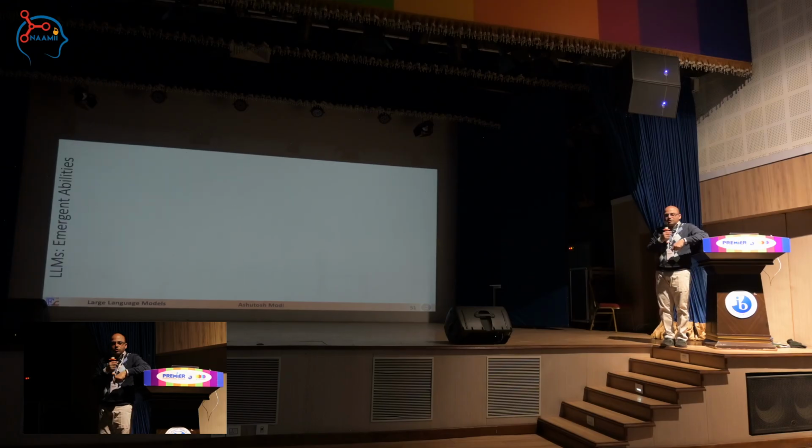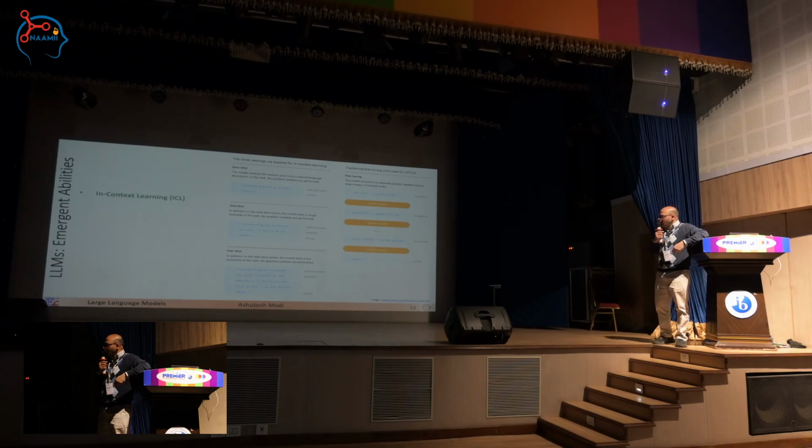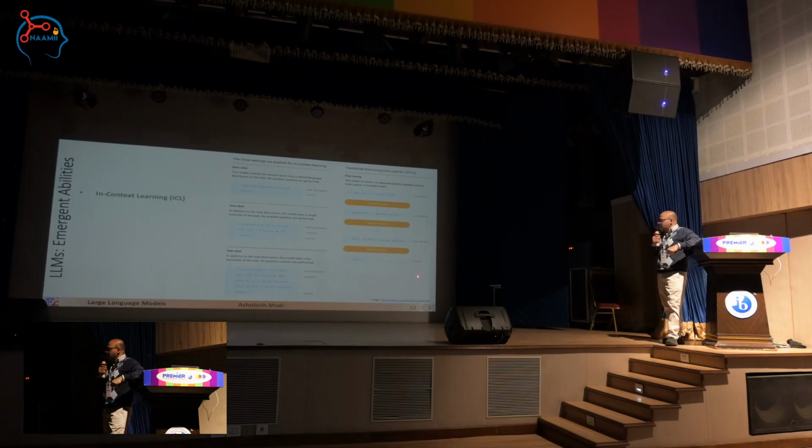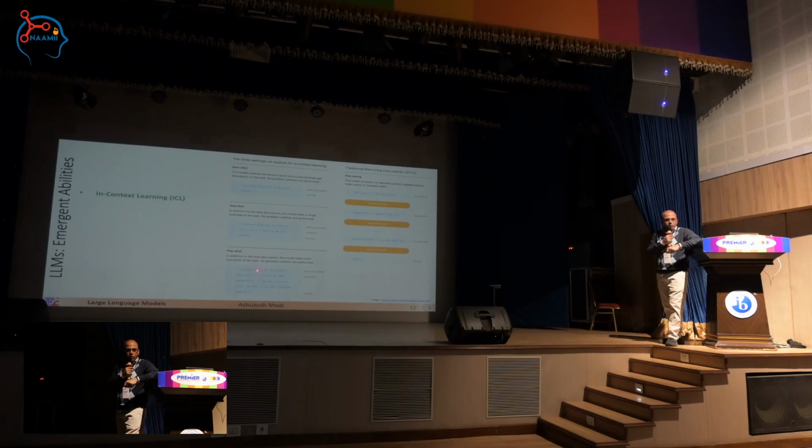So let's look at some of these emergent abilities that occur in LLMs once they are trained at scale. One of them is called in-context learning, or ICL for short. The idea is that, suppose you want to do a task, let's say translation. You give one example of that task to the model, and then give the question or the task, and the model is able to do that.